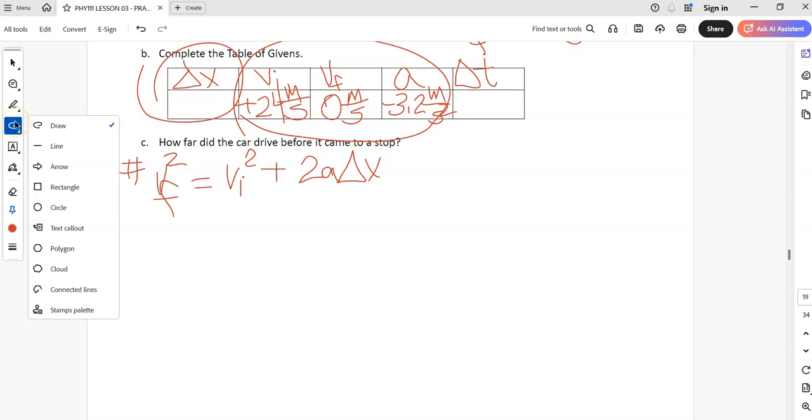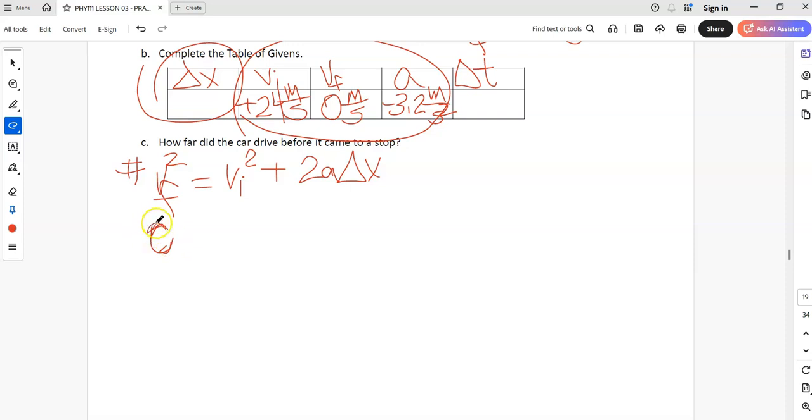We have the numbers. Scroll down so we can see those numbers, and we start plugging them in. Our final velocity is 0. Well, that makes squaring that value easy. 0 squared is 0. And that's going to be equal to positive 24 meters per second quantity squared.